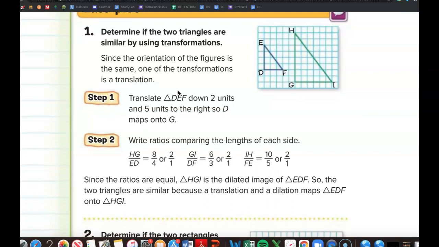Looking at example 1, I want to go from the smaller figure to the larger figure. Actually, just kidding. Let's go from the larger figure to the smaller figure, so the green to the blue. When we write ratios, ratios can also be written as fractions.